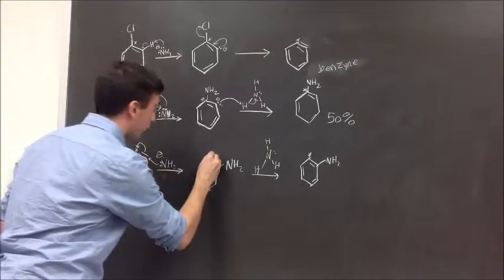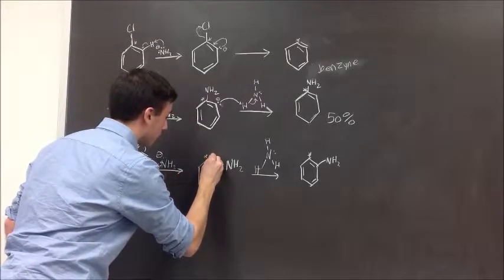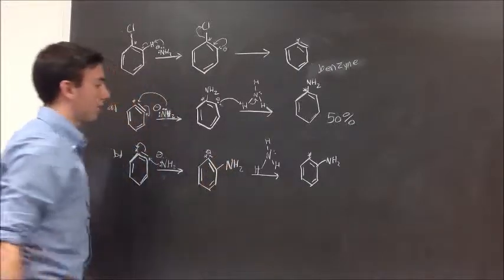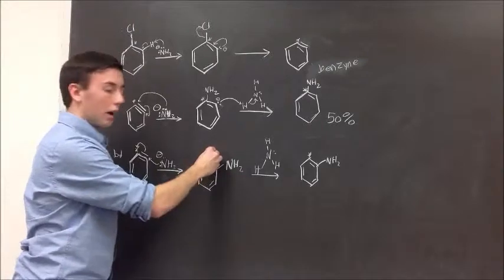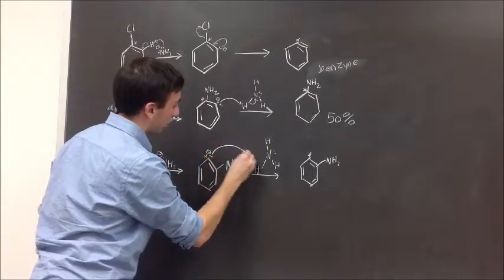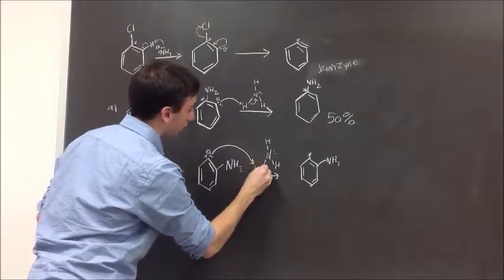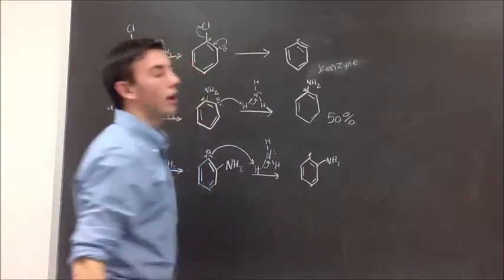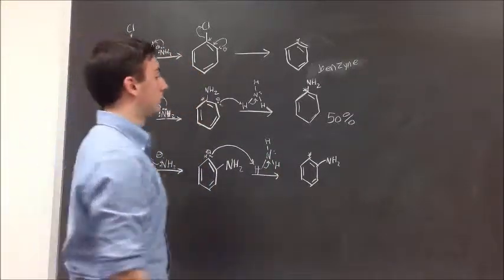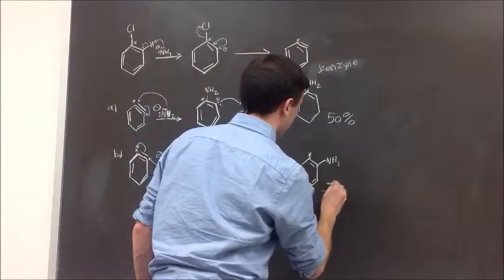So you're going to get electrons there, like that. And then like before, you just attack the hydrogen, and you'll get that product. And like I said before, this will also be 50%.